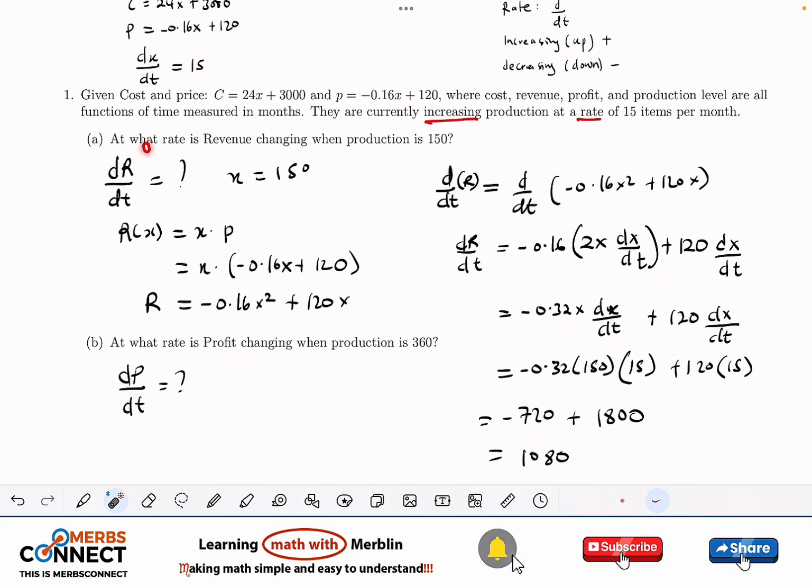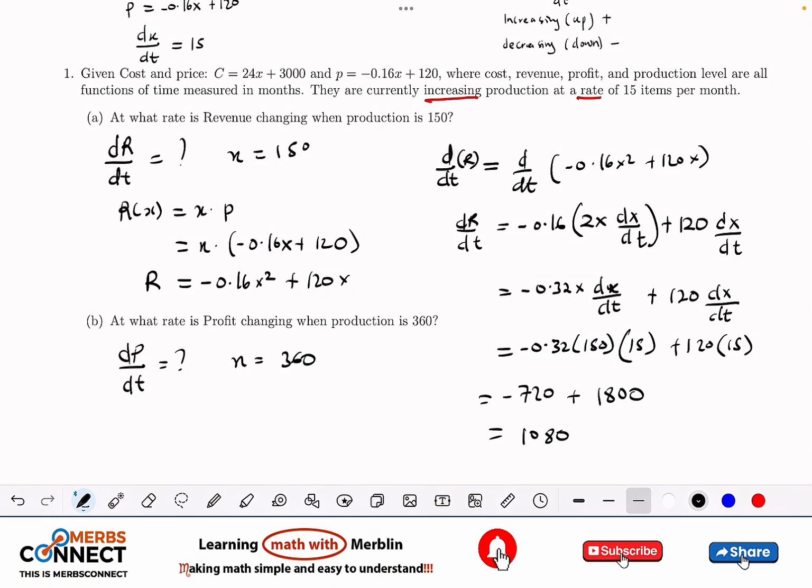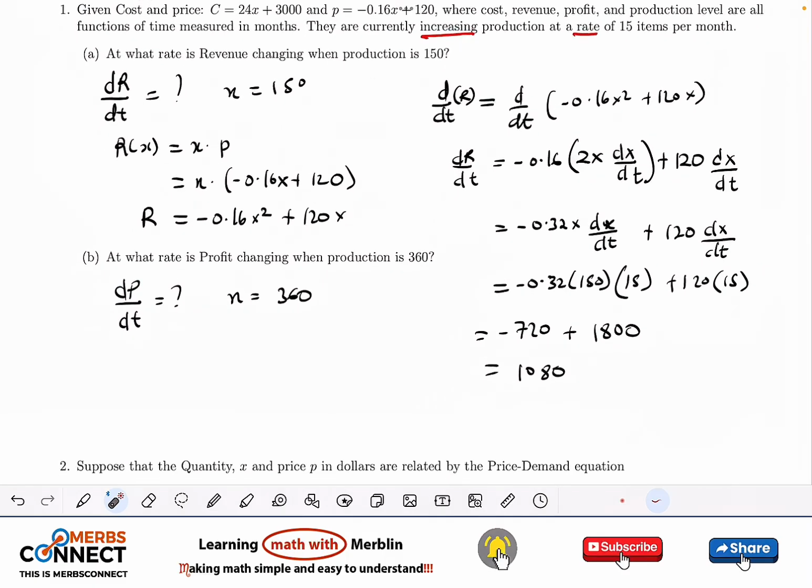Now production is 360, right? So now we need to look for the profit function so that now we can look for dP over dt. So now what is profit?